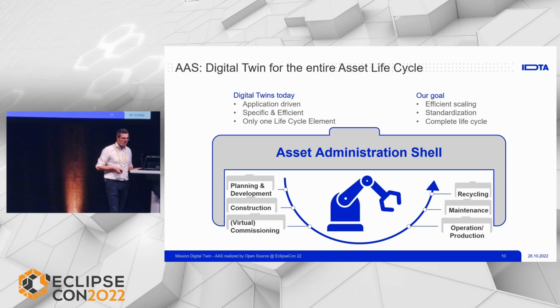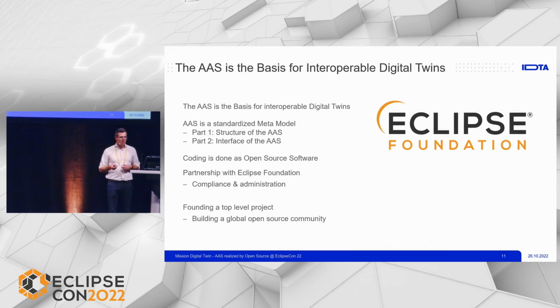And the idea here is that through standardization, companies will be enabled to scale efficiently, and that they can represent their industrial goods for the entire life cycle. The asset administration shell itself is a meta model which has to be implemented. This is why we are working on an open source platform today, and we are also an IDTA member of the Eclipse Foundation.